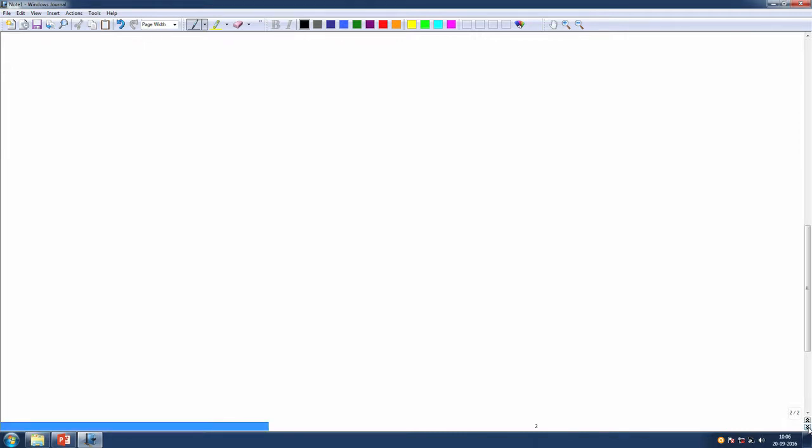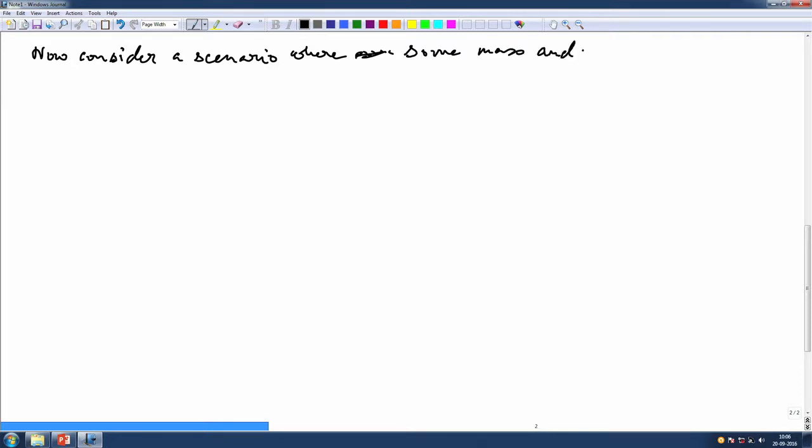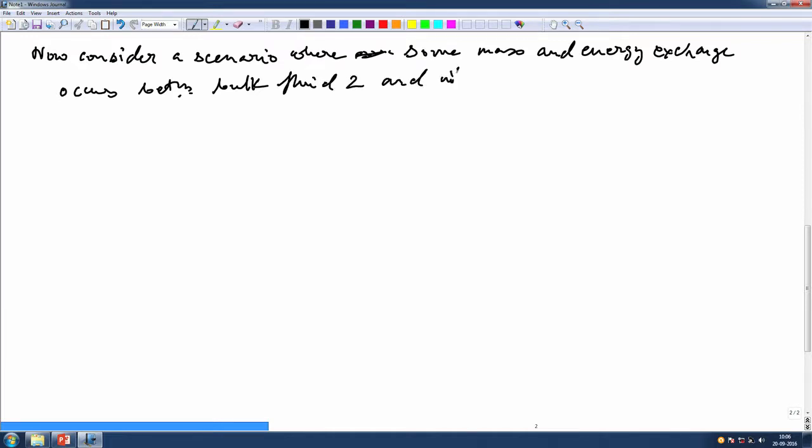Okay. Now, so that is the configuration. Now, let us consider a scenario where some mass and energy exchange occurs between bulk fluid 2 and the interface I. Got it.